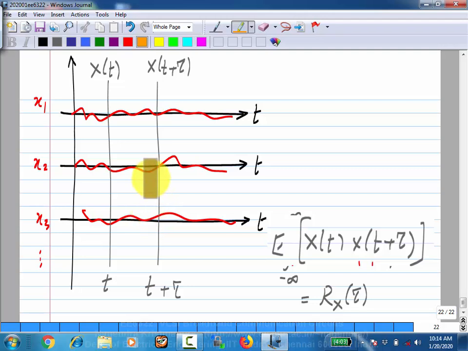Again, you may have heard the term correlation in a regular context, not in the sense of a mathematical definition, but that's basically what it is. It's telling you how one thing depends on the other. And essentially, if things don't vary over this time scale, then this product will remain positive and you will end up with a large number, and if it has varied quite a lot and the value here has nothing to do with the value there, you will end up with 0. That's the idea.